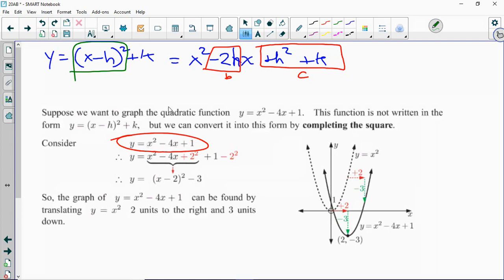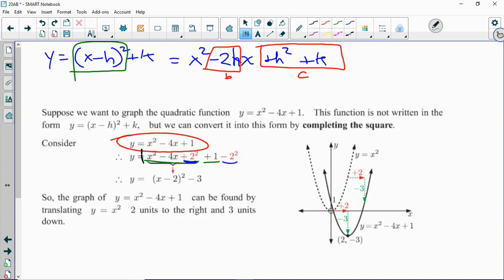But what we've got here is x squared minus 4x plus 1, so that's the original. And then remember, with completing the square, you take half of the b value, so half of negative 4 is negative 2, and then you square that to get 4. So we're going to add 4 here. But if we're adding 4, we need to balance that out, so we're also going to subtract 4 at the end.